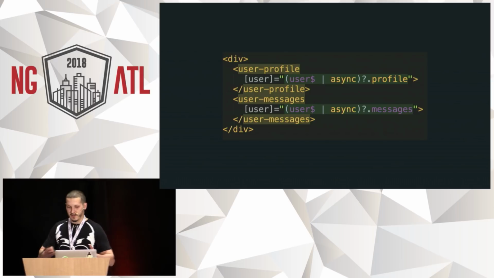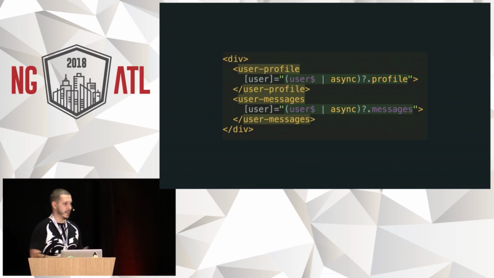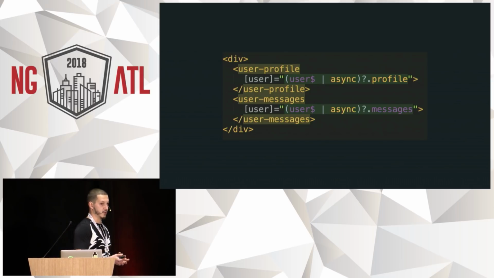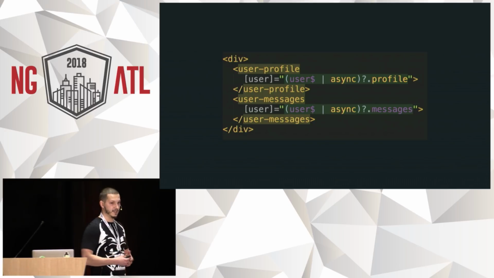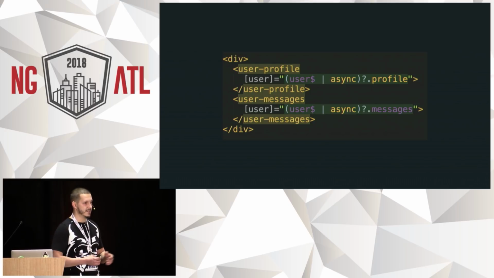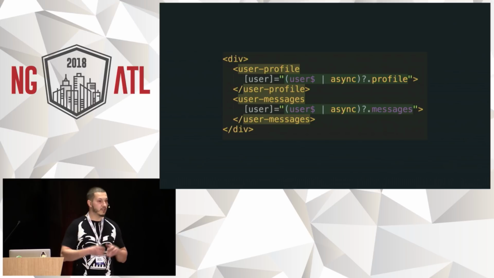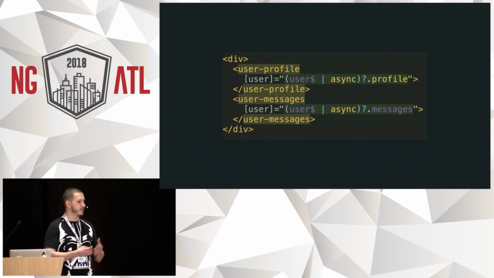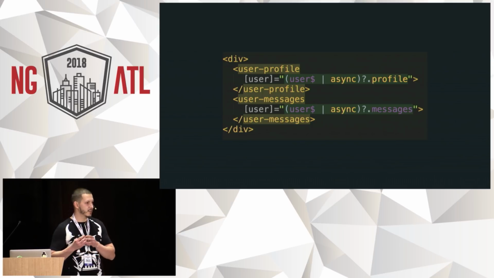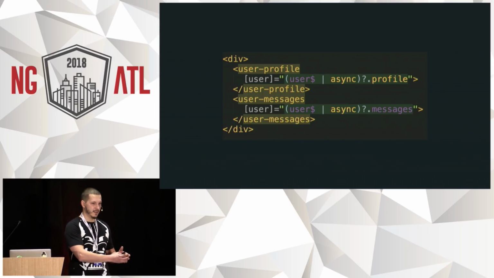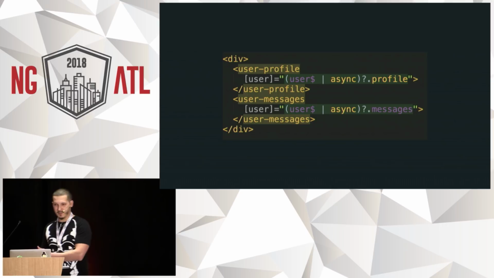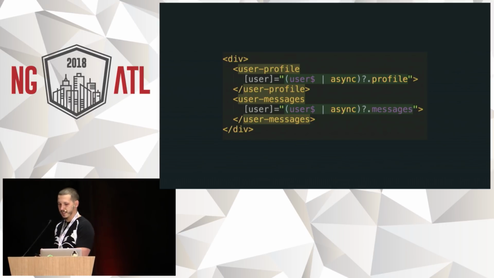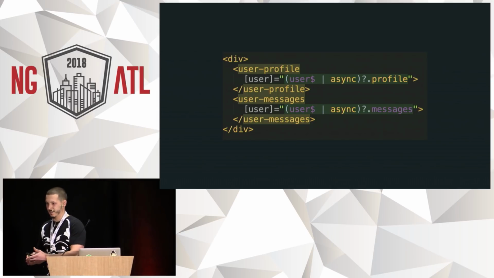So we have a user, we have an async pipe, and then Elvis, and we get some fields from it. And if it's a cold observable, it's fine because it will get it from the backend twice, or even more times. Let me rephrase it. If you're using cold observables, which are linked directly to an HTTP request, and you're subscribing to them several times, each time it will create a request to the backend.